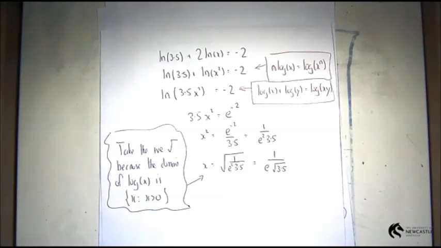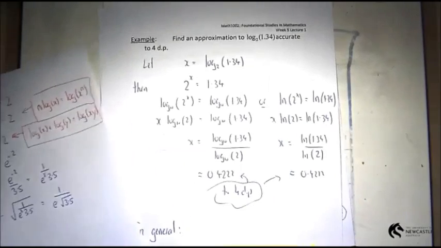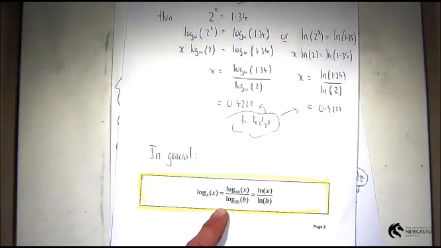X is equal to 1/5. That's supposed to be 1/5 there, guys. That's a terrible 5. And so you can see it's fairly quick to solve that if I use log to the base 3. The only trouble is when I come to get an approximation, to work out log of 2 to the base 3, I haven't got that on my calculator. So what I would have to use is my change of base formula.